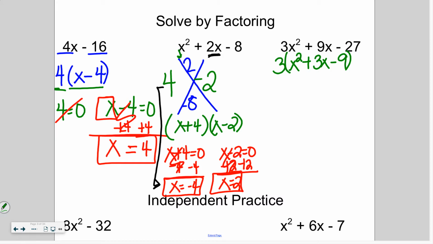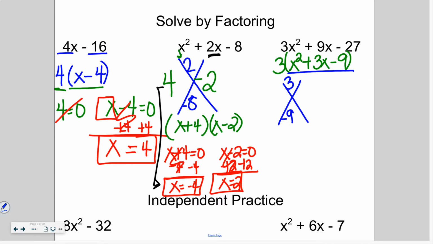Now I can do the x method with what is in the parentheses. Okay? So is there anything I can multiply together to get negative 9 and to get 3? So think of your factors of 9 and then see if they will add or subtract to give you 3. Let's see. So my factors of 9 are 1 and 9.